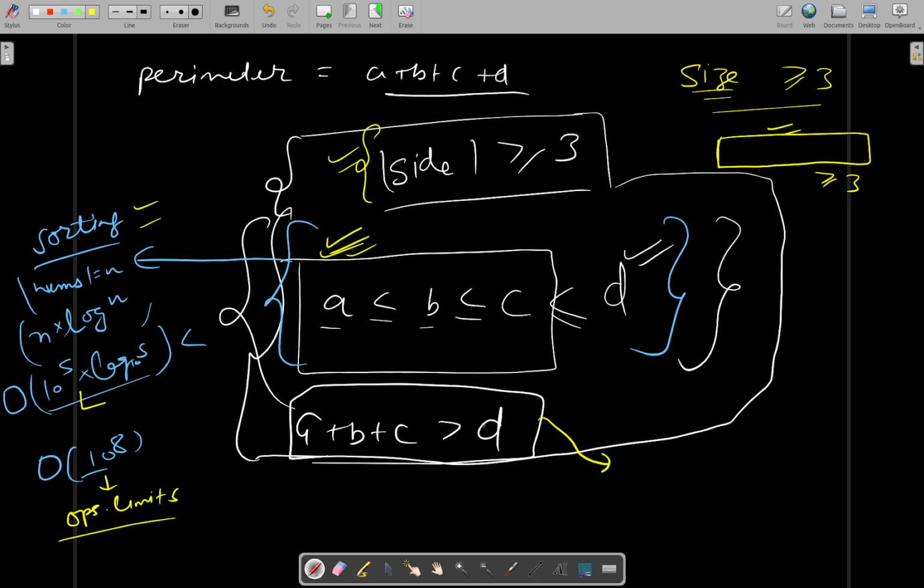like how will we manage to check this particular condition in the most efficient manner. So since we have already sorted the array, let's say the nums array was given something like this: a, c, d and b, and the ordering was like this.